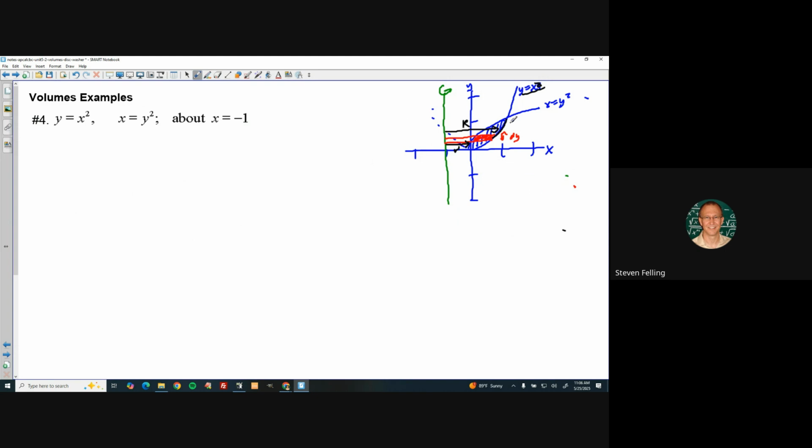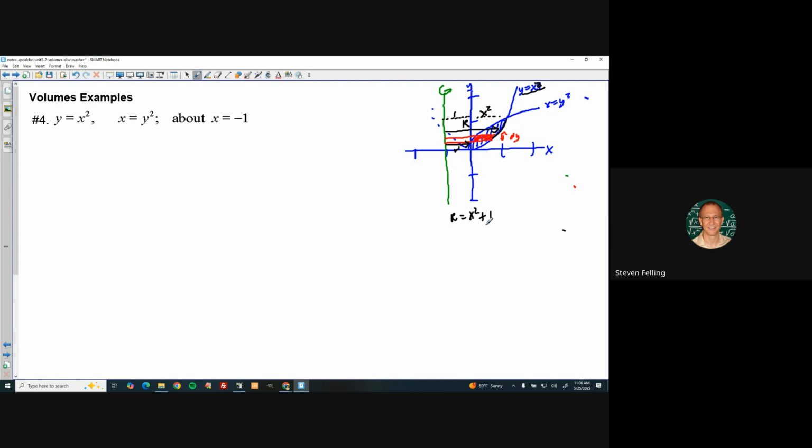That is a distance in y, and that means that this distance here is x squared. But to that, we also have to add this on, because the radius starts from here and goes there. This distance is always 1, so this capital R is going to be x squared plus an additional 1.